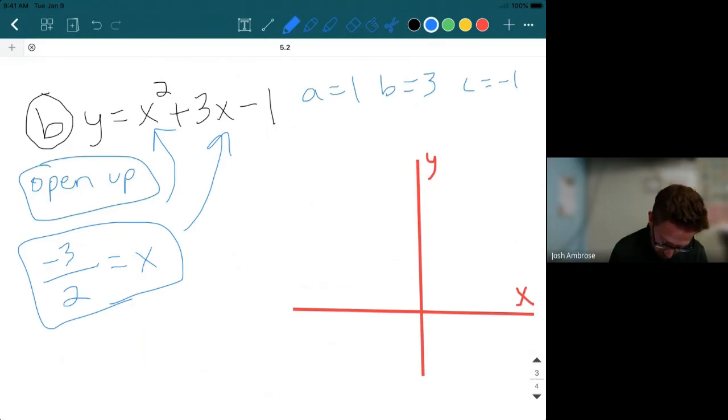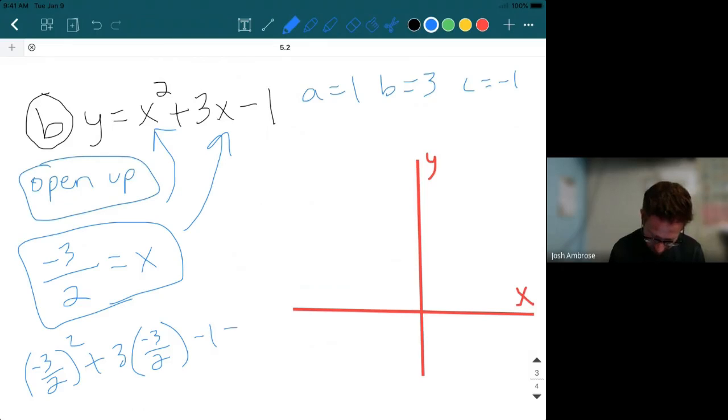So here's what we would do: parentheses, -3 over 2, we're squaring that, plus 3, parentheses, another -3 over 2, minus 1. Work that out on the calculator. I've already done that, so you're going to get a value of -13 over 4. Yeah, that is our y value.